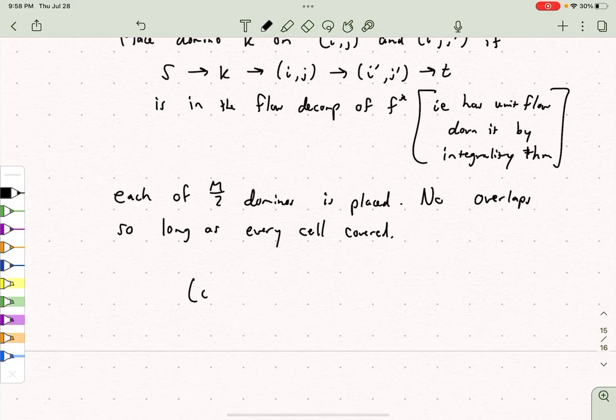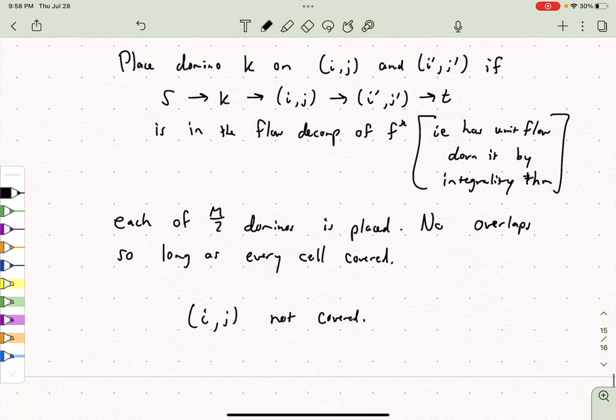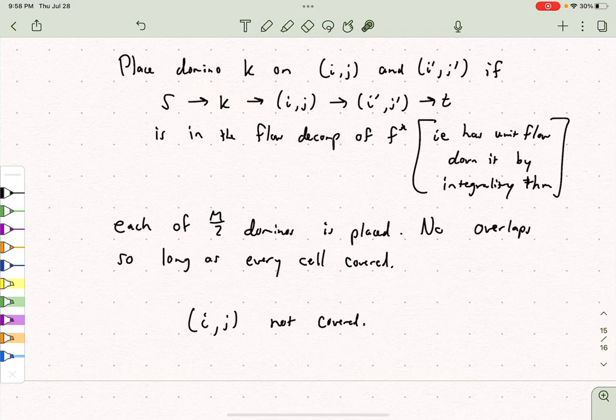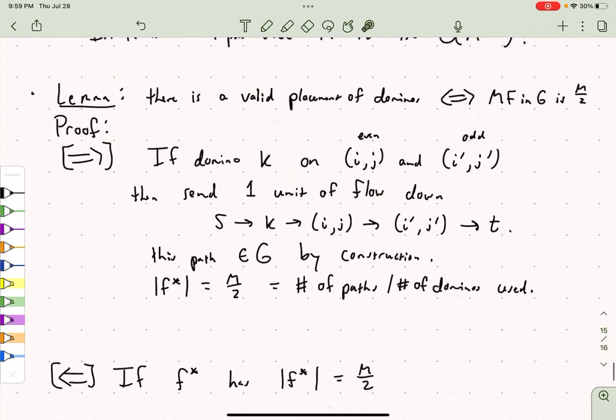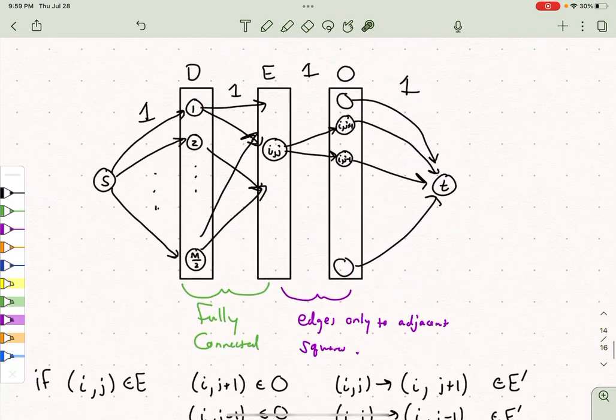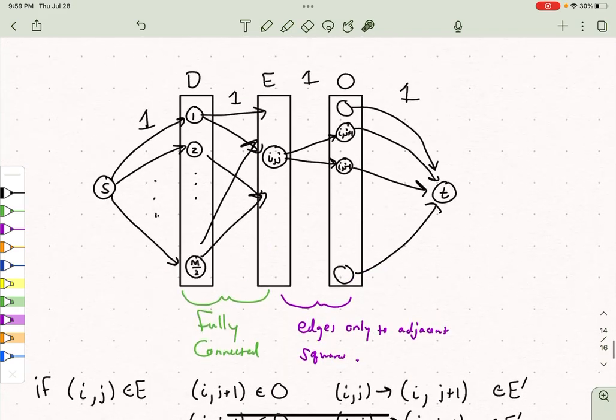Well, suppose some cell ij is not covered. If it's not, that means no domino, and let's just say for simplicity it's an even one, that means no domino was assigned to it. But because there are exactly m over 2 dominoes, that implies two dominoes must have been assigned to the same cell. So two dominoes were both assigned to the same cell, a different cell than ij, but that would invalidate the capacity constraints.